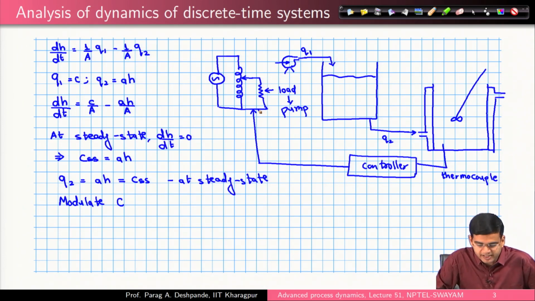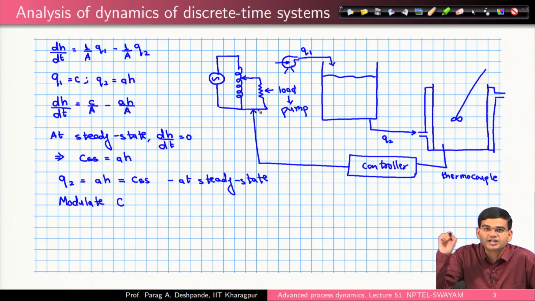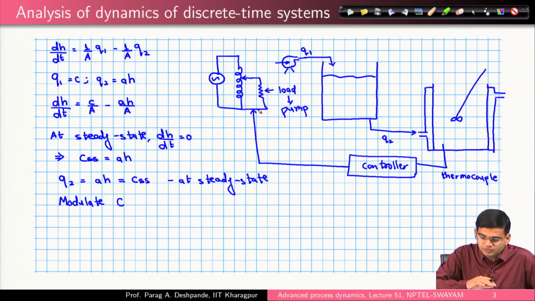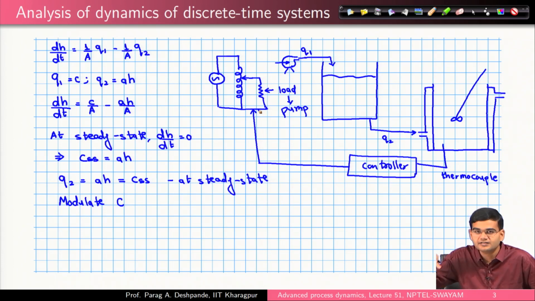So, now what has been provided to the system? Your system has been provided with a pump which continuously gives the flow. So, the flow rate from the pump is a continuous variable. This flow rate is governed by the voltage provided to the system, which is also a continuous signal. Fine. Now, you send some flow rate through the jacket, and there is some temperature which is maintained in the reactor, and that temperature is a continuous variable.